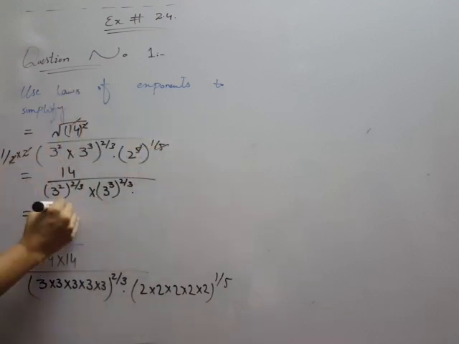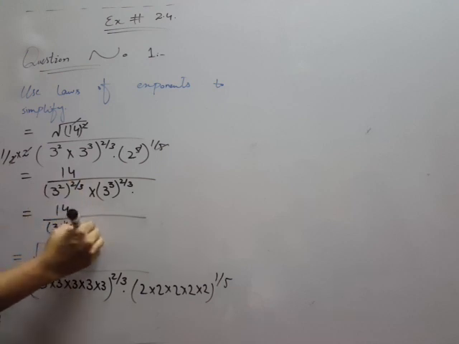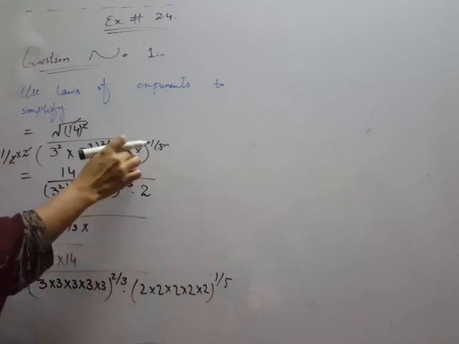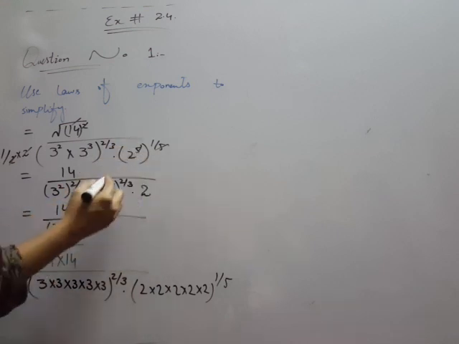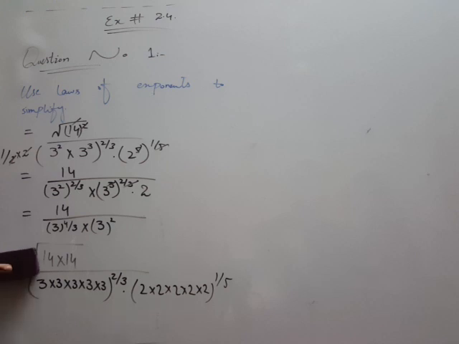So this is 14 divided by 3 raised to power 2 twos are 4, so 3 raised to power 4 by 3 multiplied by this 2, put as it is. This cancels with this, so this becomes 3 square.